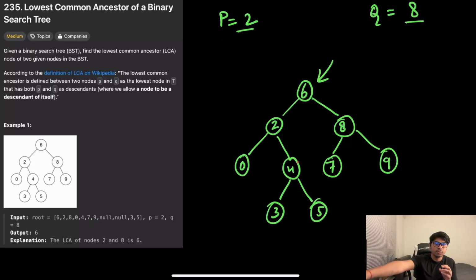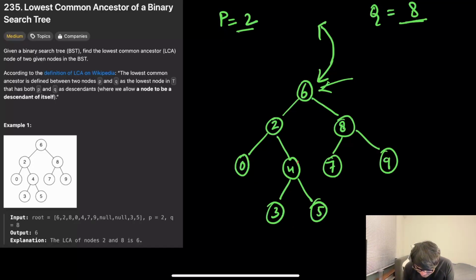One I'm sending to the left, and the other one I'm sending to the right. Why? Because look here. If my root value is between P and Q, then I have to return that node because this is the common ancestor.